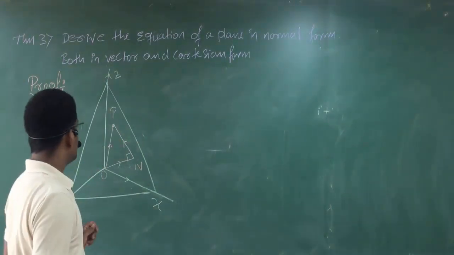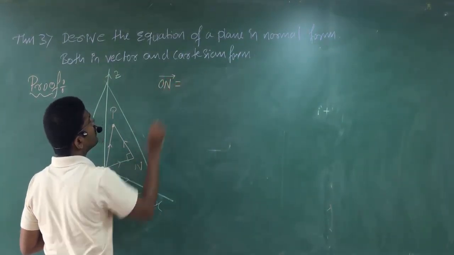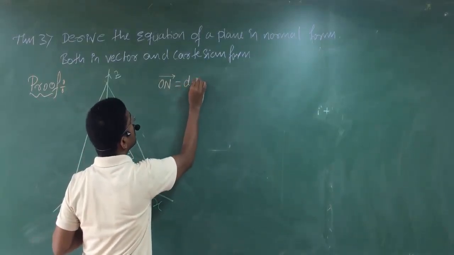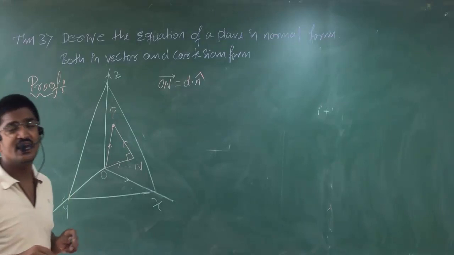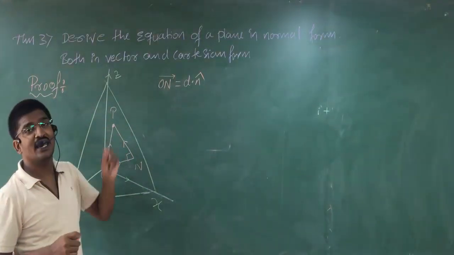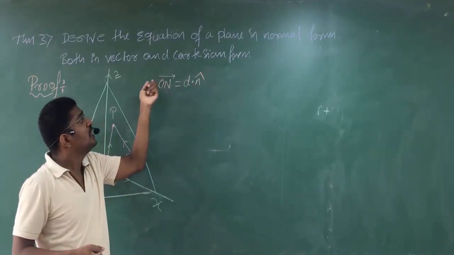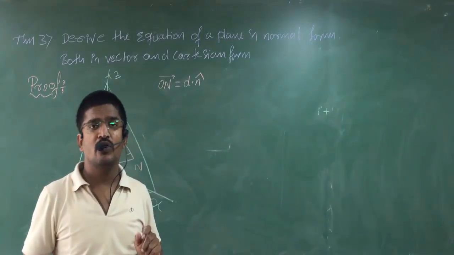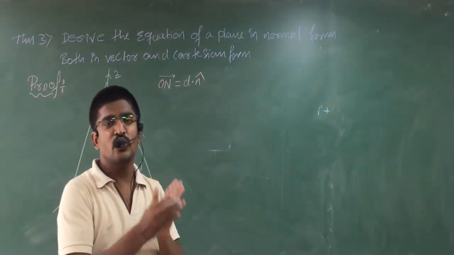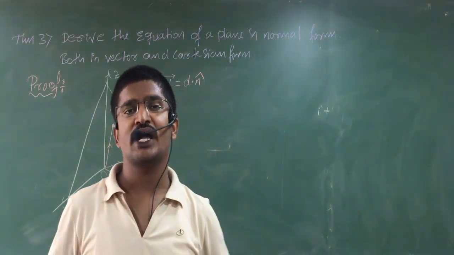But you must remember, normal vector ON will be taken as d dot n cap. D will be the magnitude of ON, and n cap will be the unit vector of ON, because whenever you are finding a vector, the formula says that unit vector multiplied with the magnitude will give you the required vector.